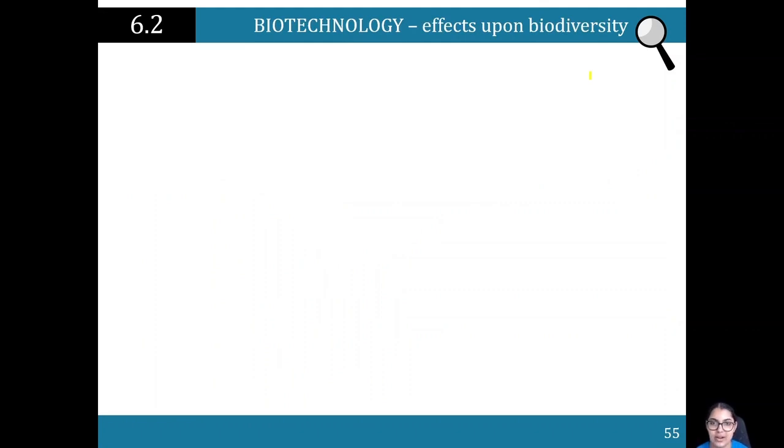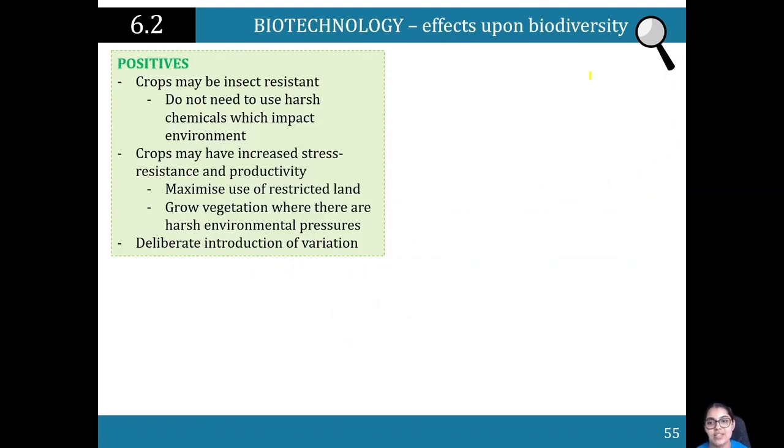But how does it affect biodiversity? So positives are that crops may be insect resistant, and that means that we don't need to use harsh chemicals which impact the environment. Crops may also have increased stress resistance and productivity, and that can lead to us maximizing the use of restricted land, also growing vegetation where there are harsh environmental pressures.